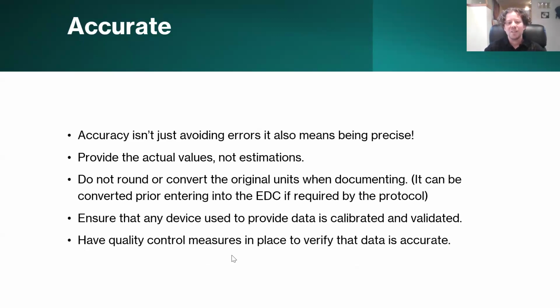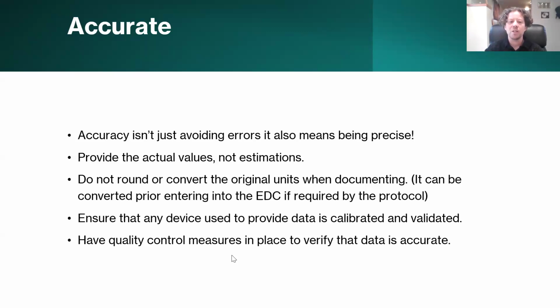So accurate is another one that feels like it should be intuitive, and we all know what accurate means. But not everyone does. So be aware that accuracy isn't just avoiding errors. It also means being precise. So you must provide the actual values, not estimates. Don't round or convert the original units when you're doing that original source documentation.